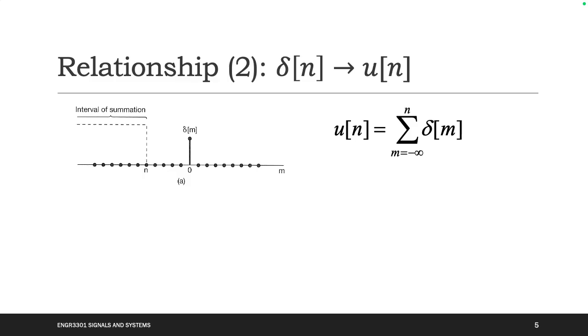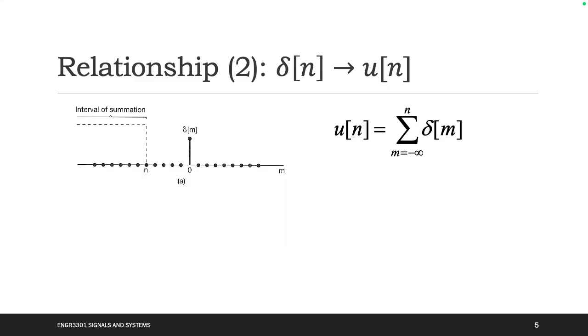So m from negative infinity to n, only when m equals 0 will it have value, am I right? Which means if n is smaller than 0, even if you add all these values together, it is always 0. Does that make sense? And if n is greater than or equal to 0, even though there are so many values together, only one value is 1.